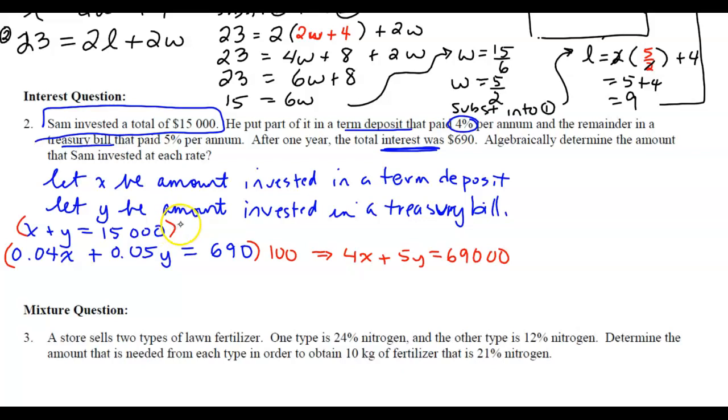I'm going to multiply by 4. So that's going to be 4X plus 4Y equals 60,000, to get the X coefficients the same.